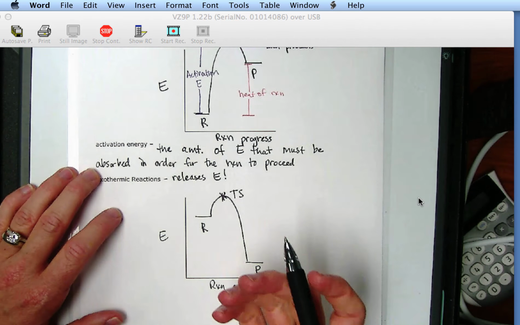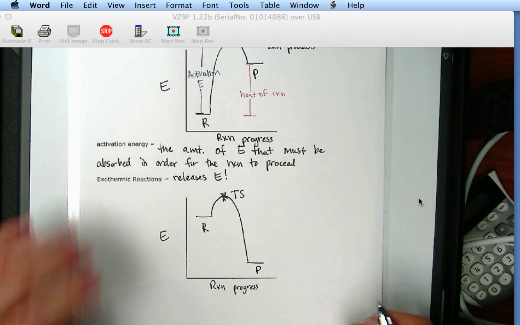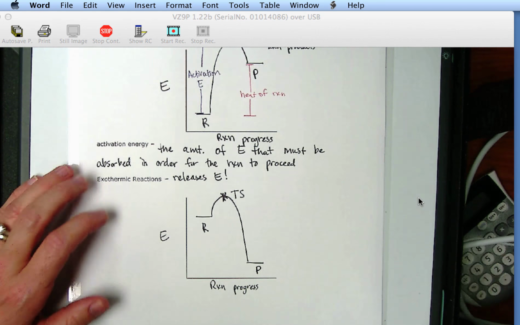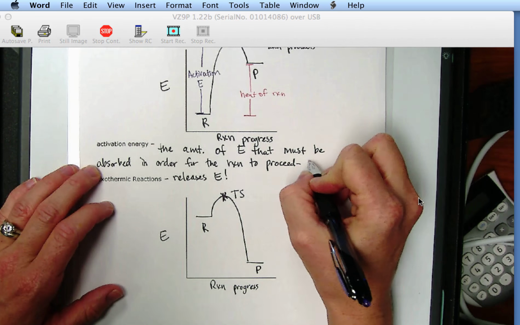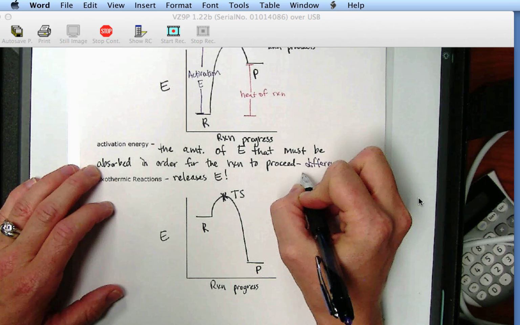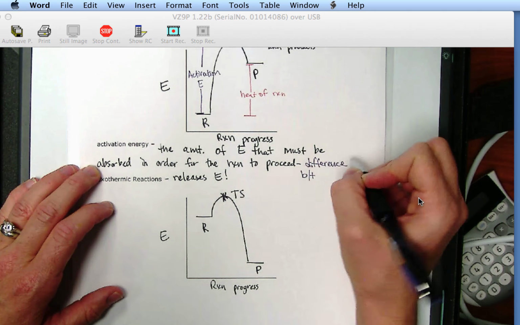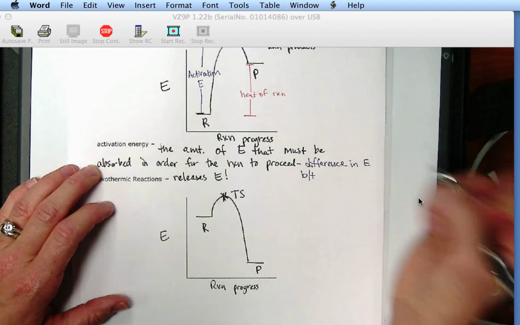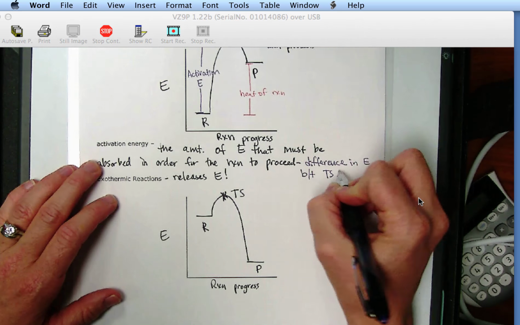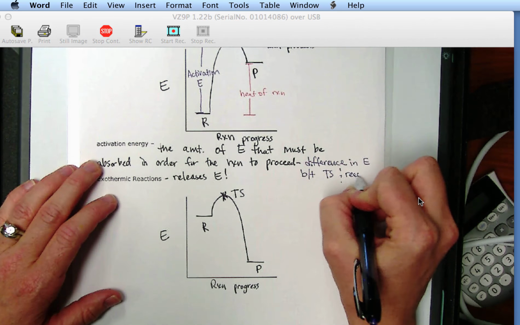And I'm going to label. I'm going to add an additional definition to your activation energy. This is the difference in energy between transition state and reactants.